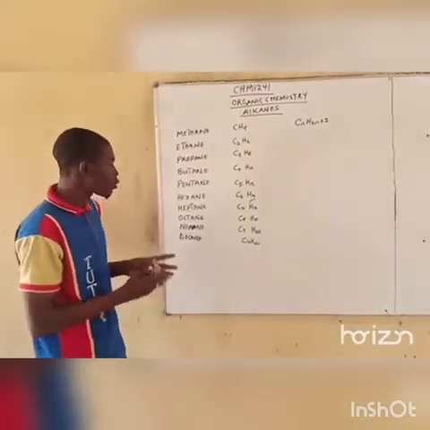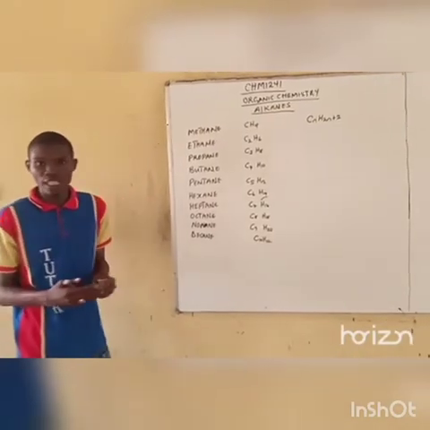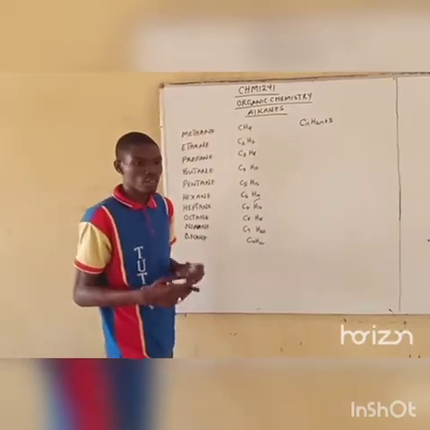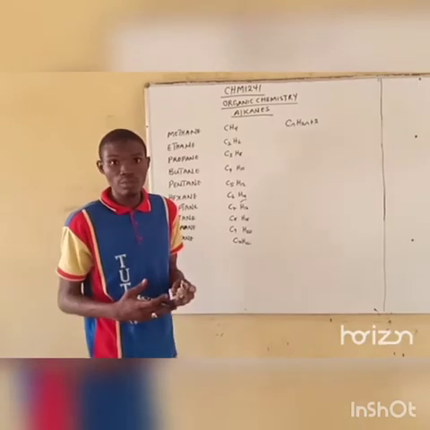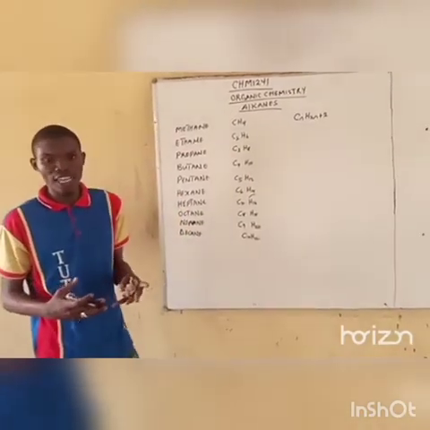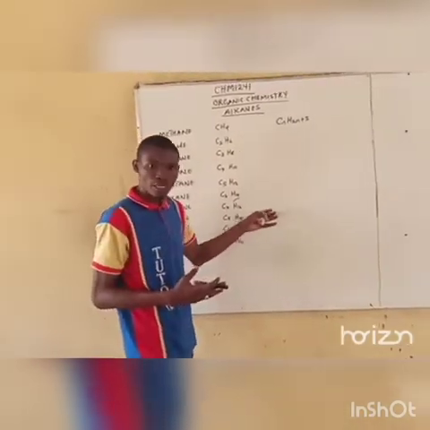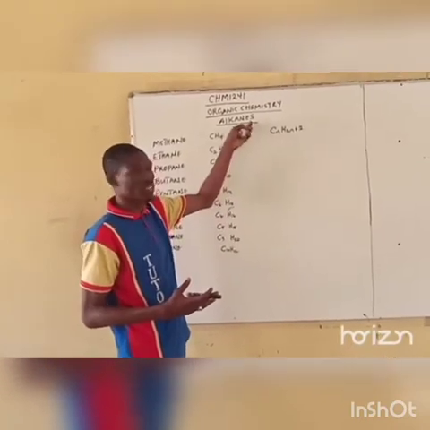So now we are going to move into the nomenclature of alkanes. What do we mean by nomenclature? Nomenclature simply means naming of organic compounds, but specifically which type of organic compound? Alkanes.